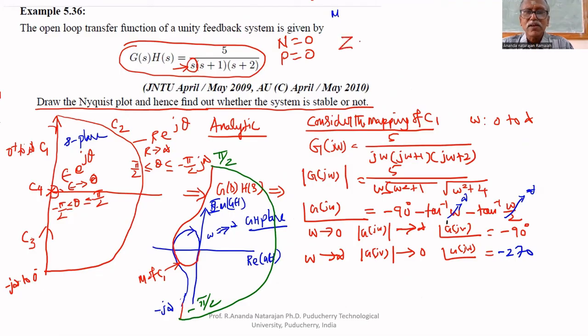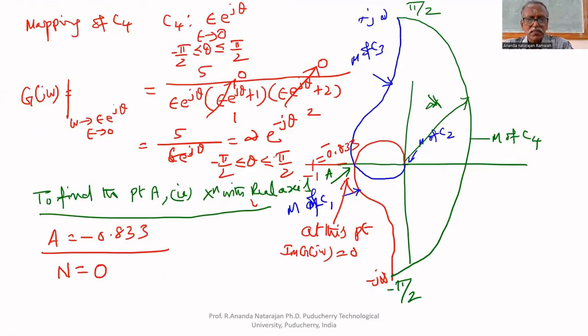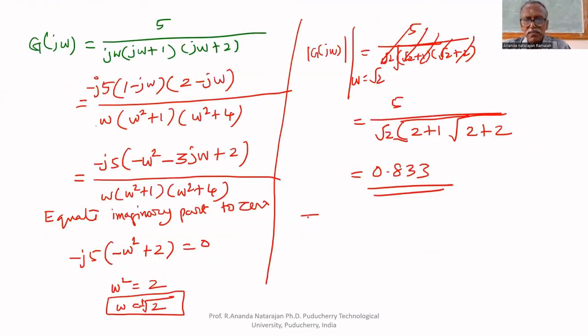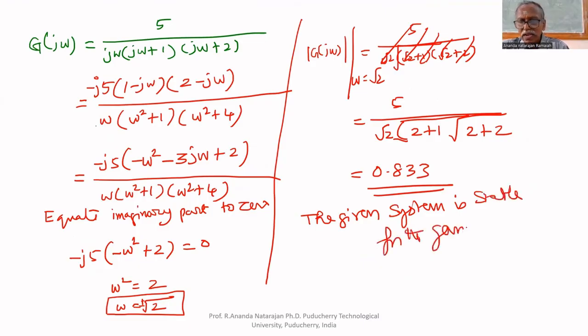Therefore, Z equal to P plus n, that is also 0. Therefore, the given system is stable for a gain of 5. We have to write: the given system is stable for the static gain 5.